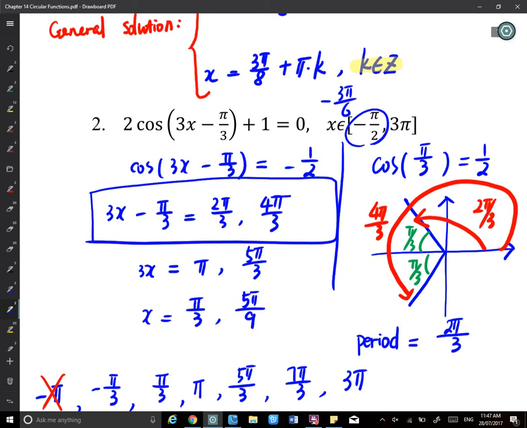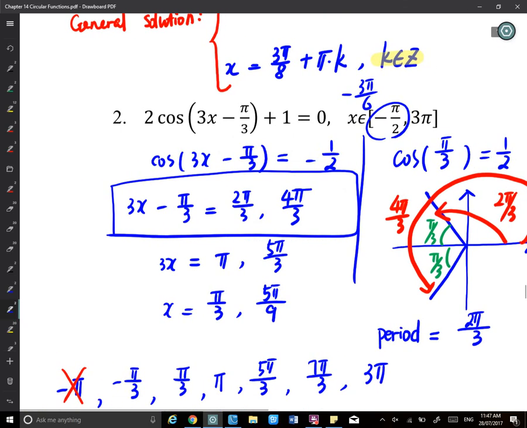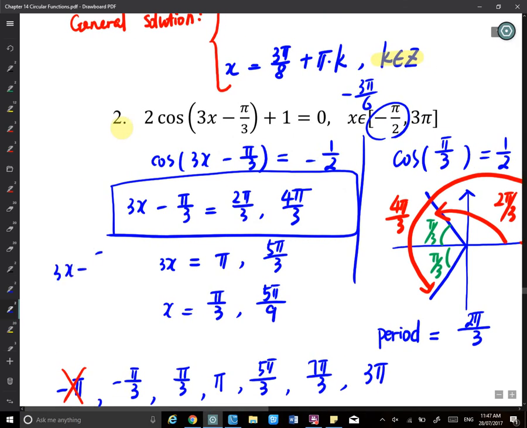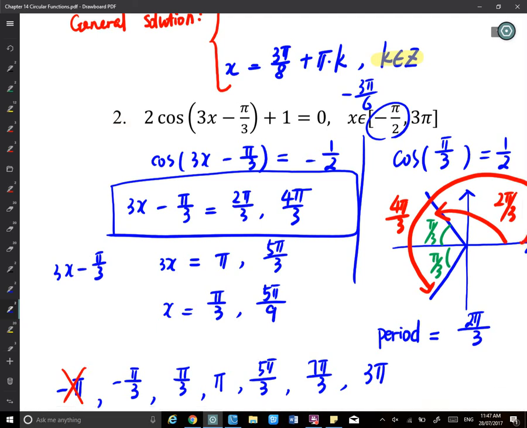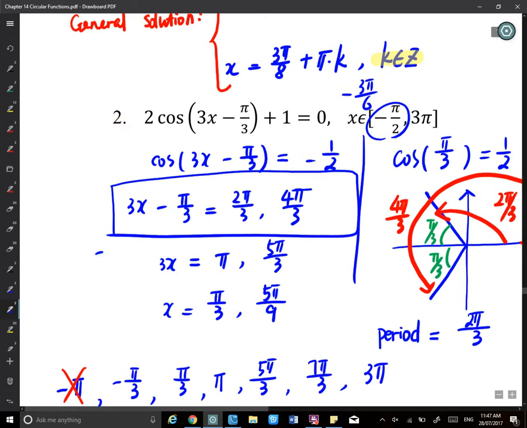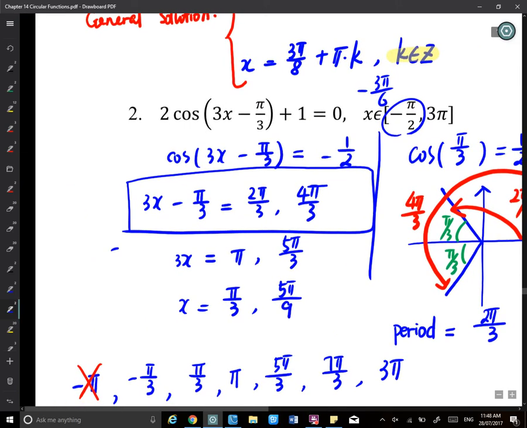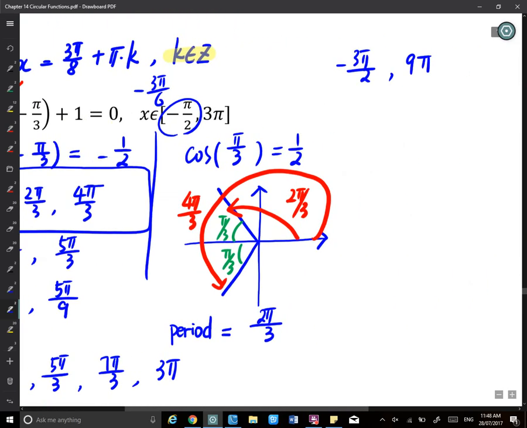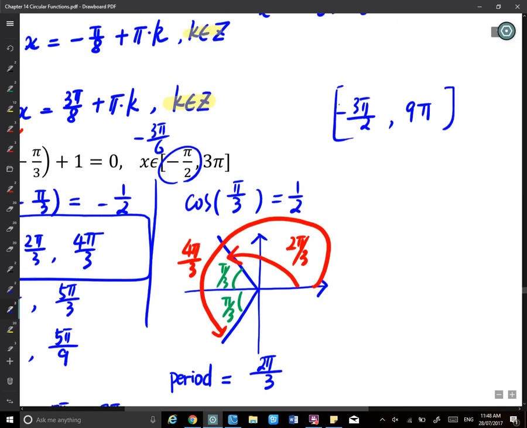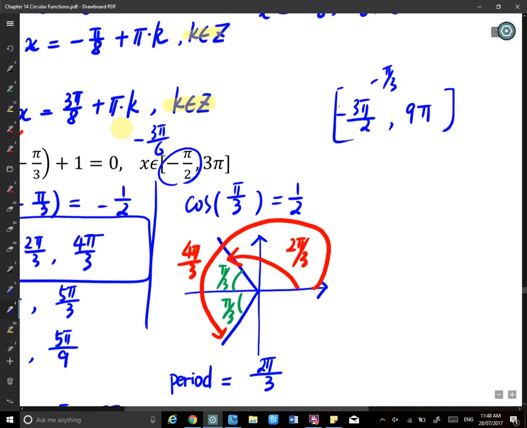The domain for x is given, so you need to find the domain for 3x minus pi on 3. You want to find the range, what possible values this expression can take. For 3x, you have minus 3 pi on 2 to 9 pi, and then you will subtract pi on 3 from those two numbers as well.